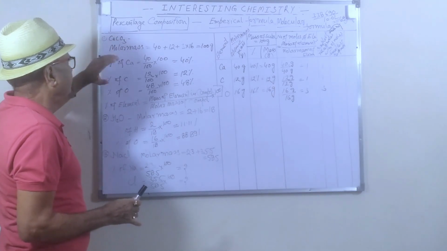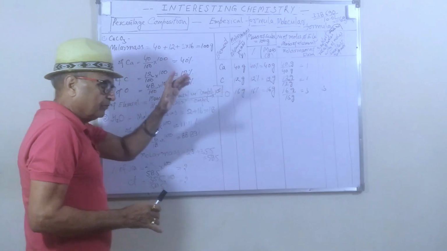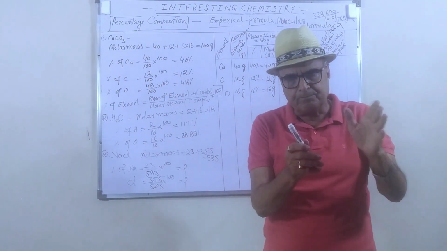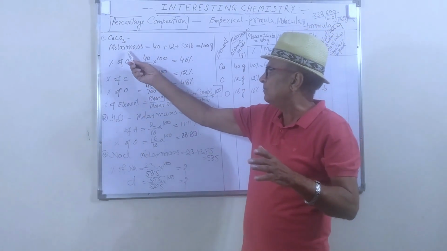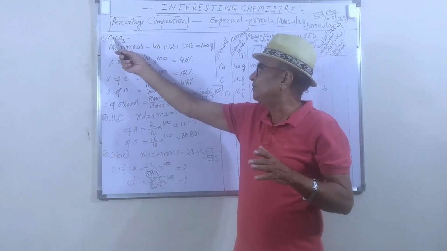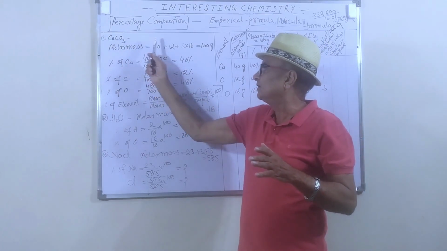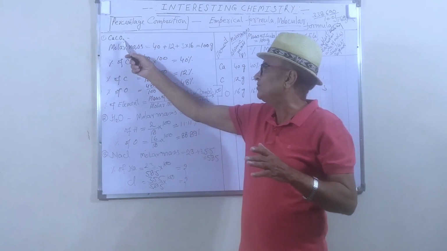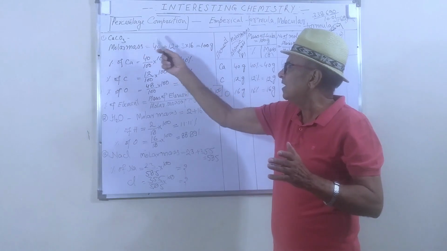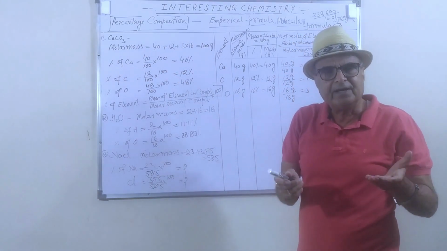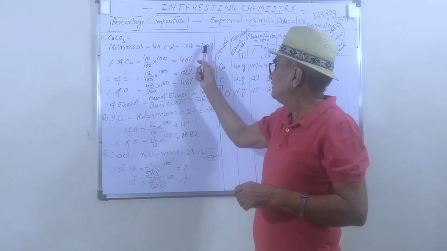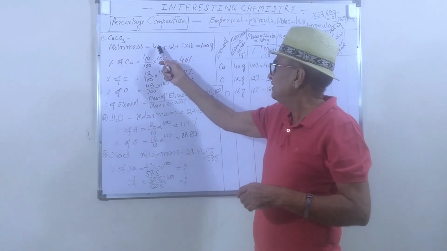This is the compound, and the first step is to find the molar mass of that compound. Here the atomic mass of calcium is 40 gram, carbon is 12 and oxygen is 16. So the molar mass of this calcium carbonate is 100, and the percent of calcium in this 100 is 40.